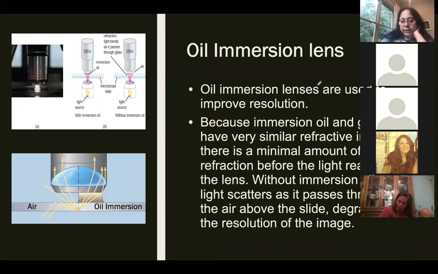Oil immersion lens, how it actually increases the numerical aperture. And as I told, high numerical aperture means high resolution, and high resolution means we actually can see two very closely related objects clearly. So basically, we can see the detailed structure.